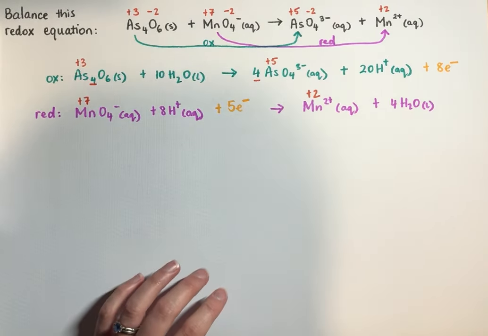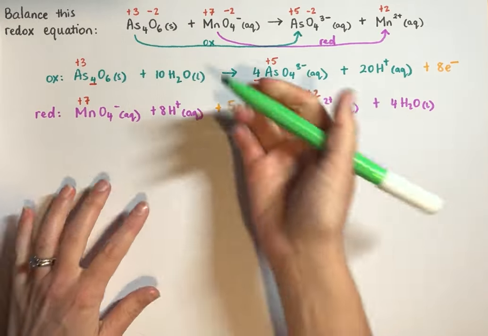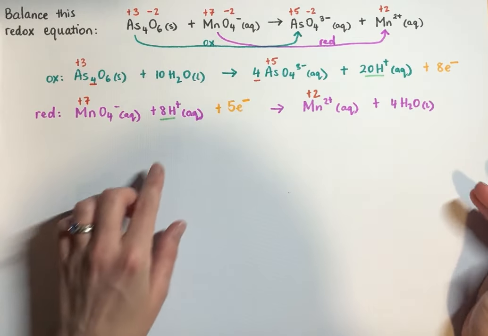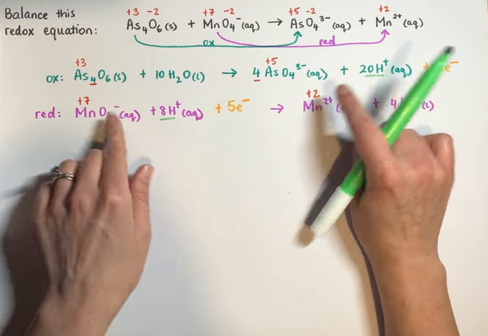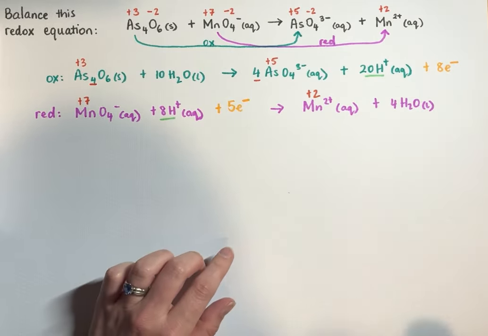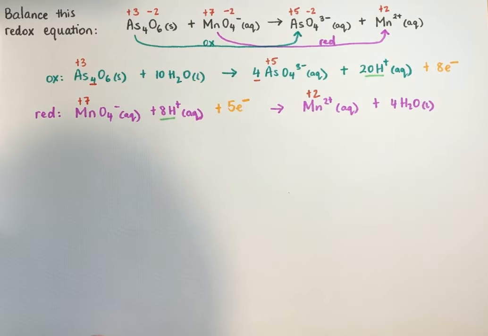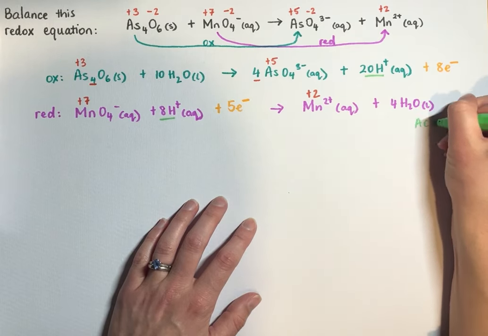Now, I'll just take this opportunity to point out this thing about having these hydrogen ions. The reason that we can include these or use them to balance our equation is because we put these redox reactions in acidic solutions, to make sure that they can occur.